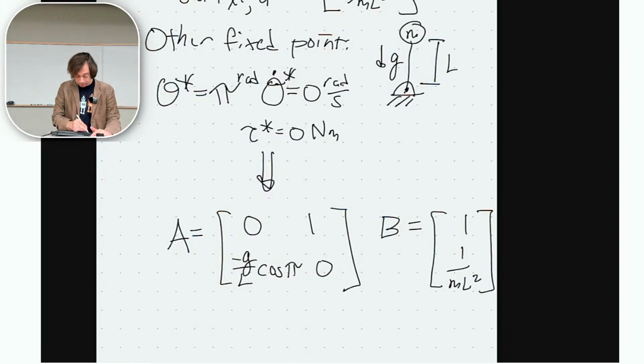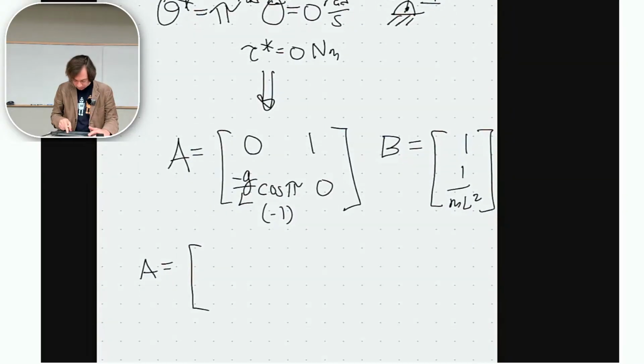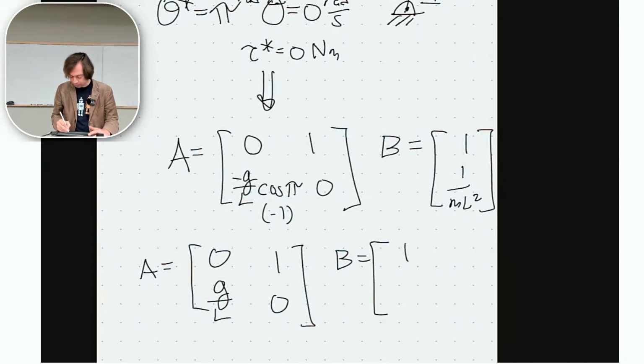Now, you plug into your calculator or just remember trigonometry to know that cosine of pi is equal to -1. Therefore, our A matrix is going to be 0, 1, positive g over L, 0, and our B matrix, I'm just writing it again for good measure.